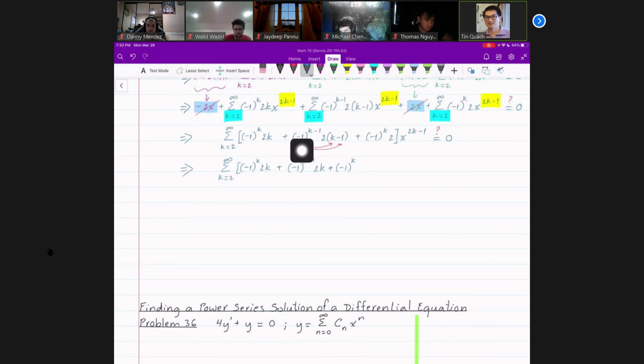Because negative 1 to the k minus 1 times negative 1 to the first power, you add the powers, you get k. And then that is just a 2. Okay. And then plus negative 1 to the k, 2. Okay, so let's see what we have here.